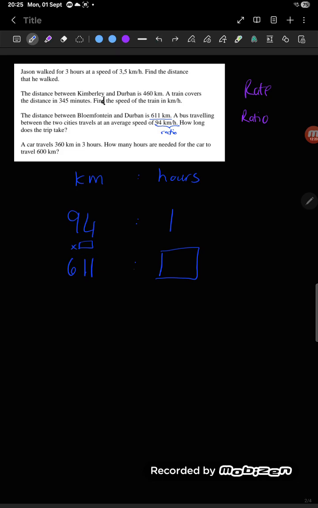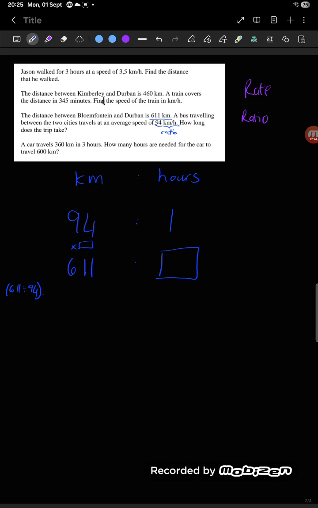So I can say 611 divided by 94 to see how much I timesed the other way, because it's the reverse operation. So 611 on your calculator divided by 94 equals 6,5.